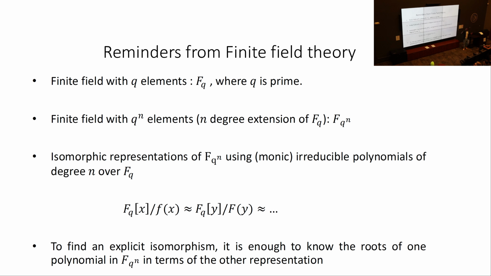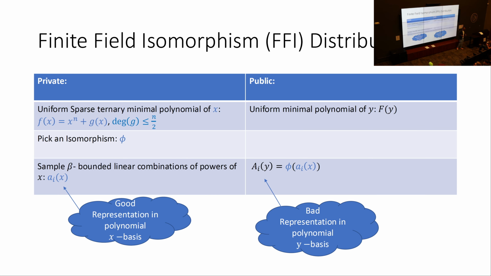I just need this little bit of background on finite field theory to come to the finite field isomorphism problem. To define it, I need two representations of the finite field. The first one, which I call the private representation, is defined by a uniform sparse ternary irreducible polynomial of degree n.